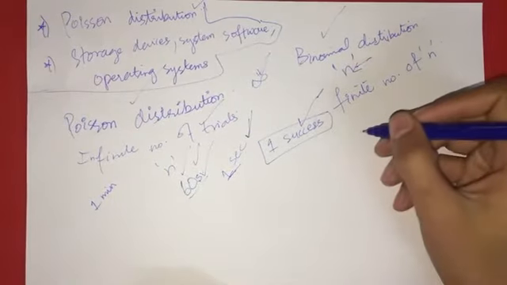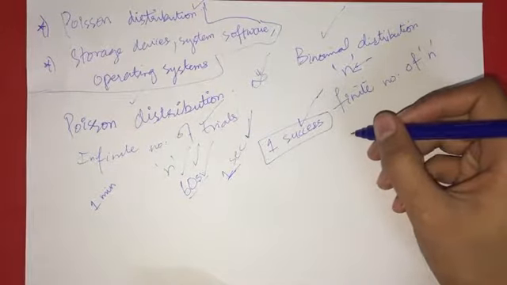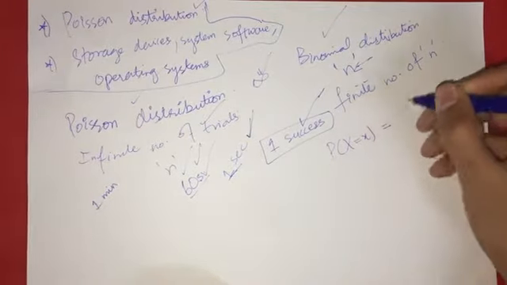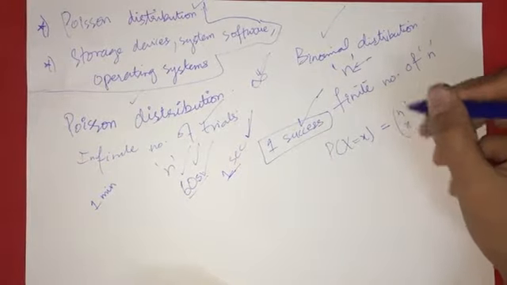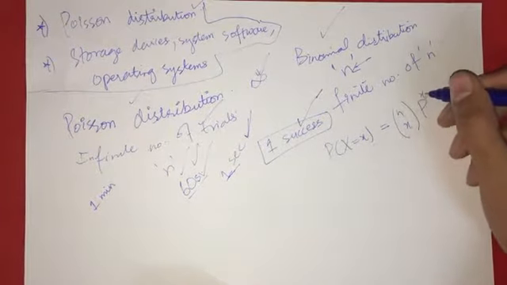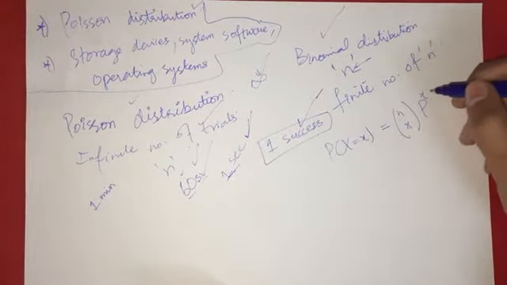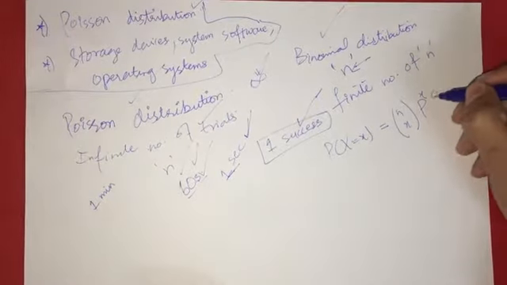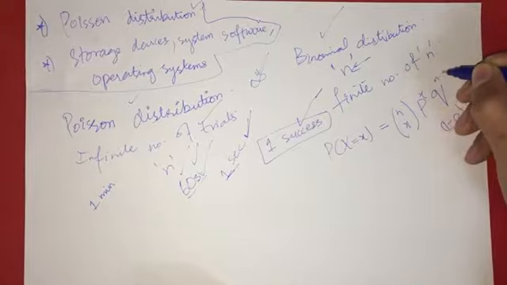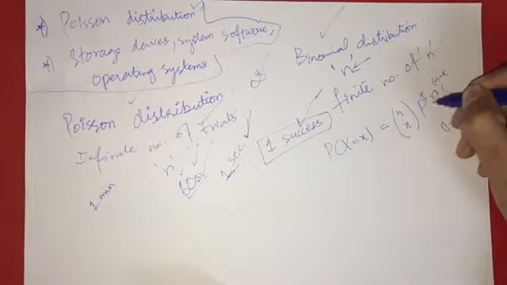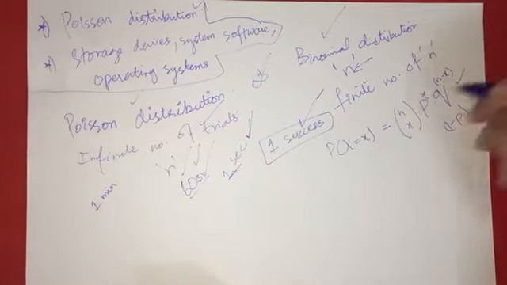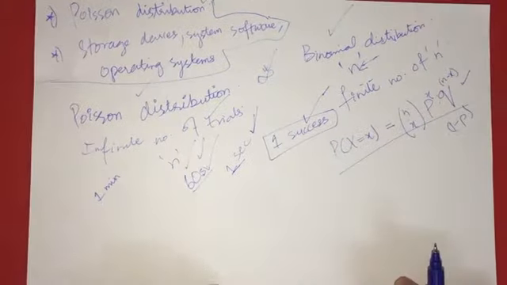The formula for the binomial distribution is P of X equals x, that is n choose x, times p, the probability of success, raised to the power of the number of successes, and q, that is also known as 1 minus p, raised to the power n minus x, the probability of failure raised to the power of the number of failures. So this is binomial distribution.